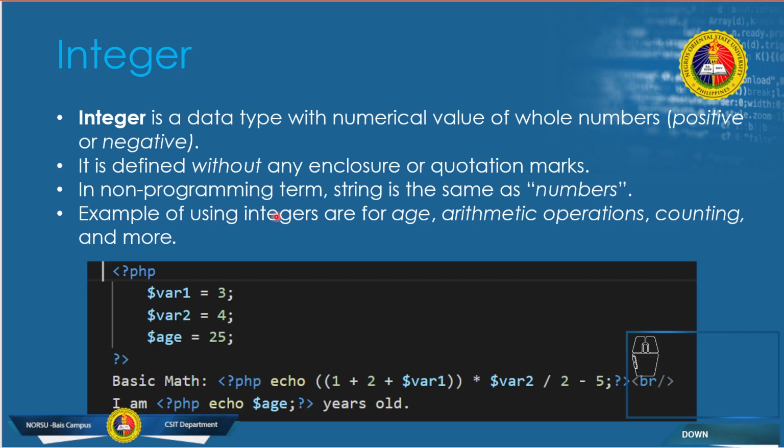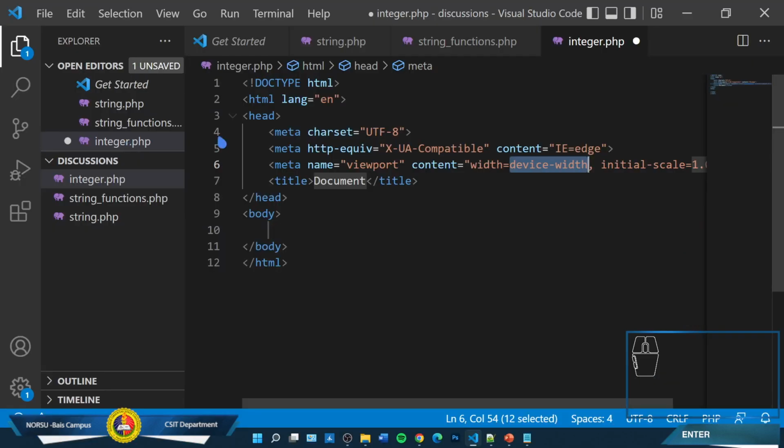Alright? So basically, it's the same thing on how I've been doing with string. So let's add a new file here. Let's call it integer.php, and then let's rename it with integer.